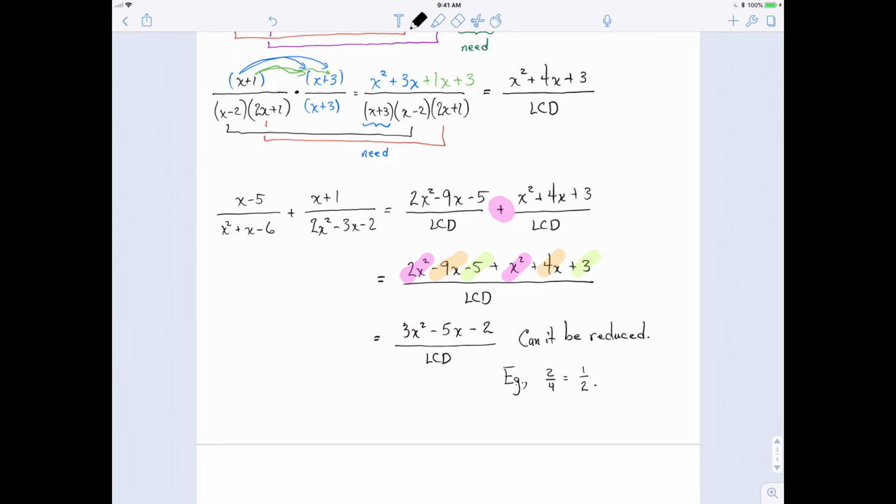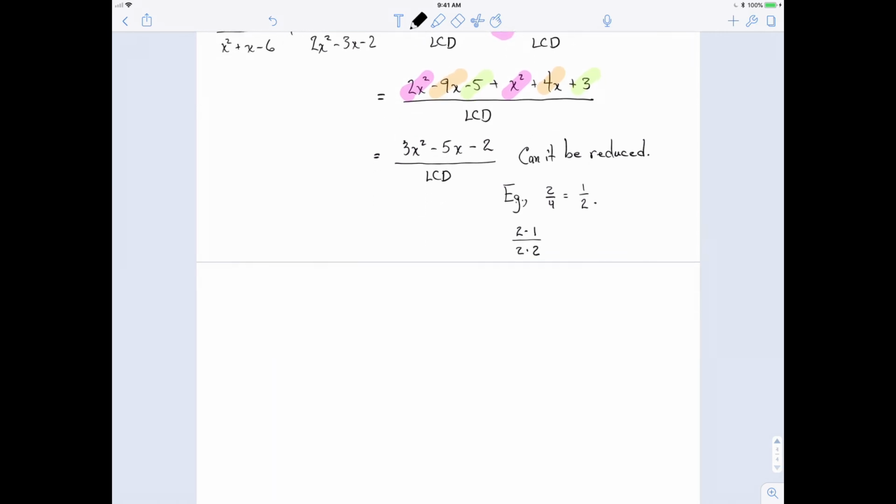And the 2/4 becomes 1/2 by factoring. You had a 2 times 1 over a 2 times 2. So now what we have to do is we need to check. And we do this by factoring the numerator. The denominator is already factored, so we don't have to redo that.